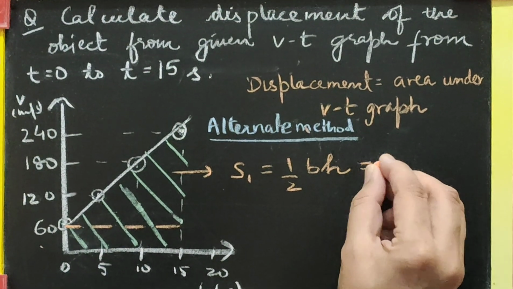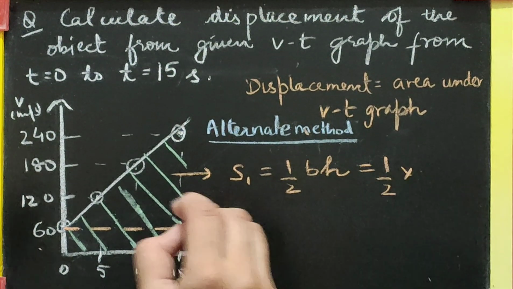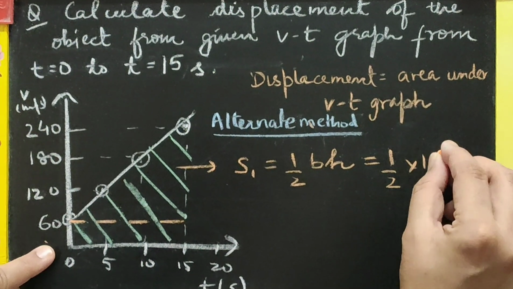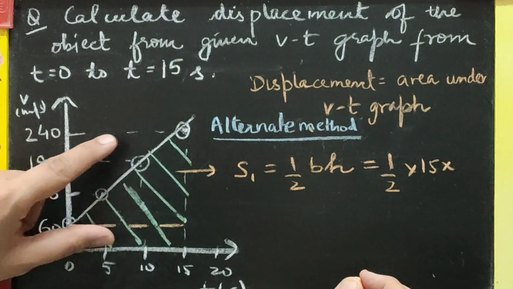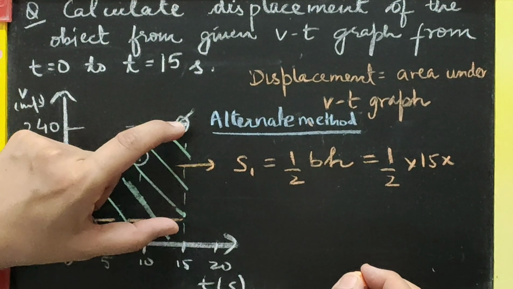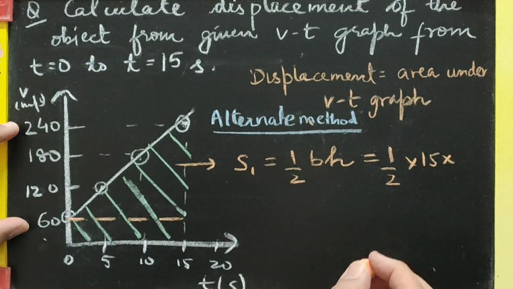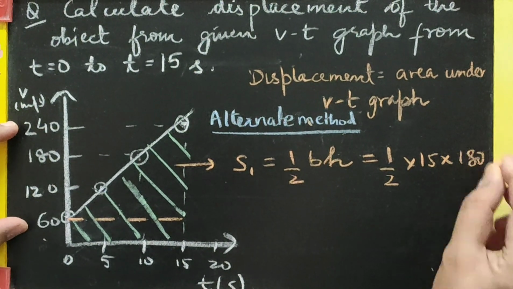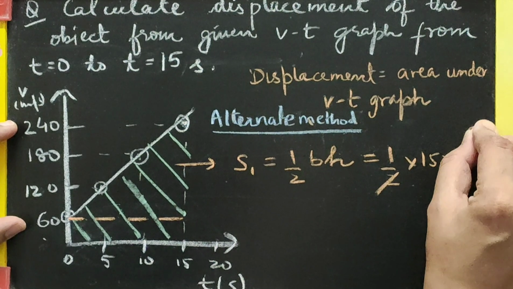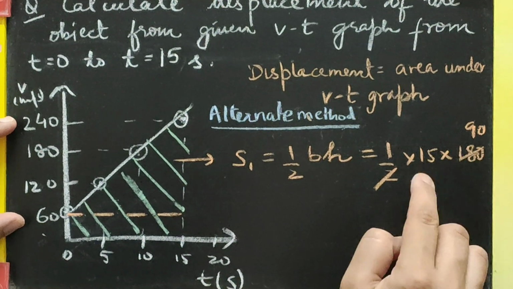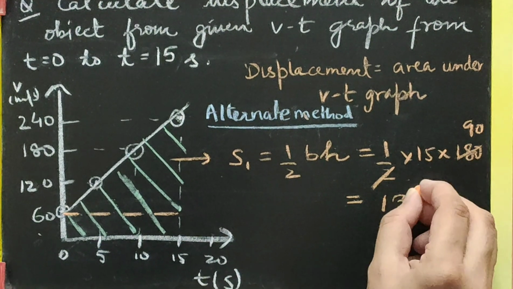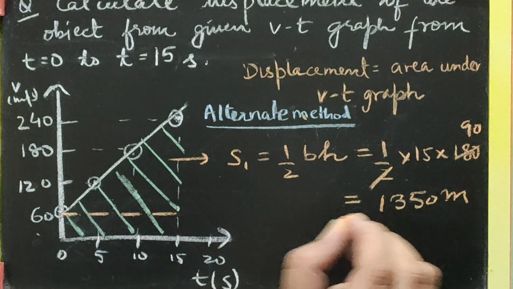So half base into height: the base of this triangle is 15 seconds and the height of this triangle is from 60 to 240, so that is 180 meter per second. When I simplify this, I am left with 15 into 90, which is 1350 meters.